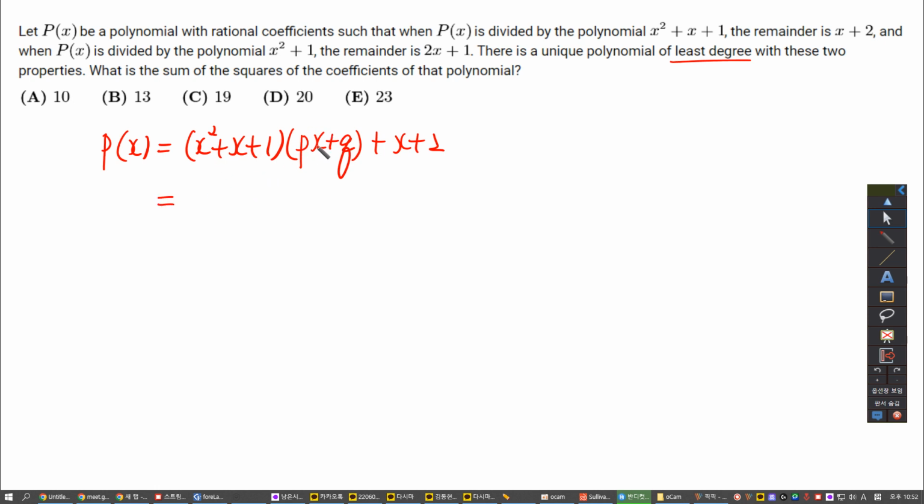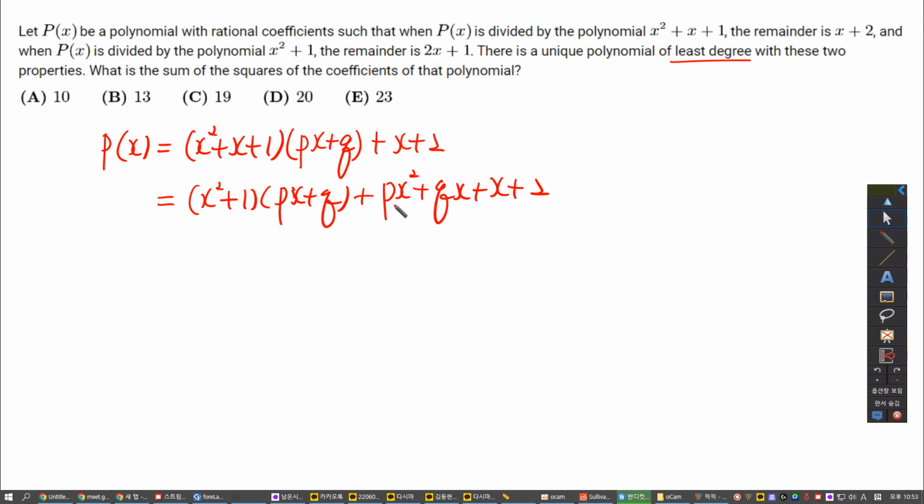And so if we open this parenthesis, we have this expression. And when this same polynomial is divided by x squared plus 1, the remainder is 2x plus 1.